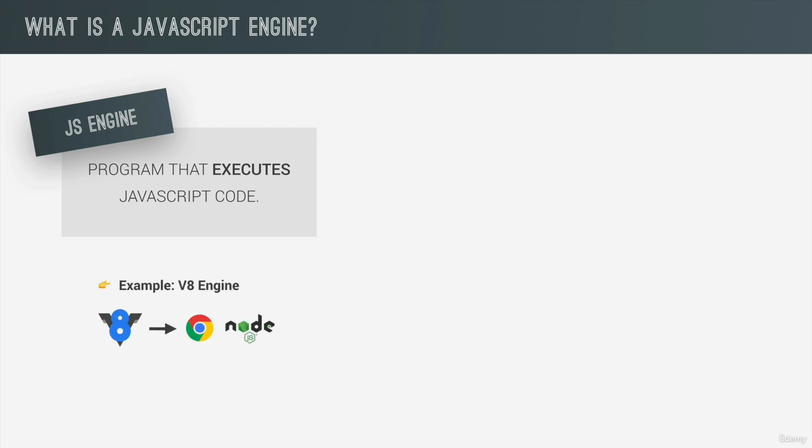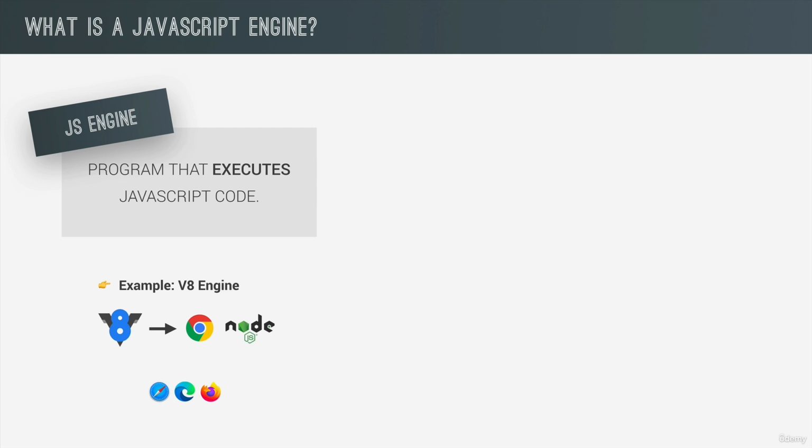The V8 engine powers Google Chrome, but also Node.js, which is that JavaScript runtime that we talked about in the beginning of the course. So the one that we can use to build server-side applications with JavaScript, so outside of any browser. And of course, all the other browsers have their own JavaScript engines, which you can look up online if you're interested.